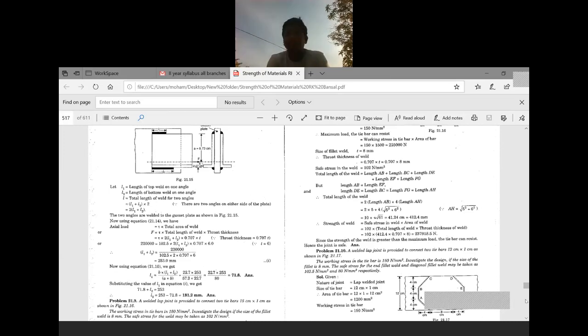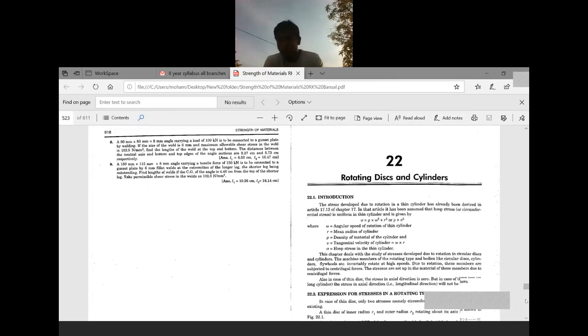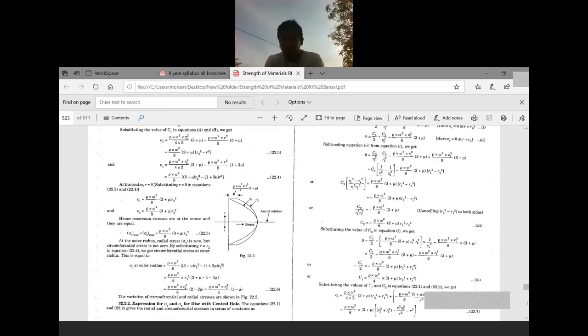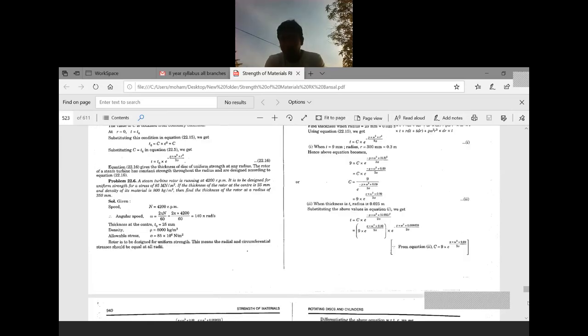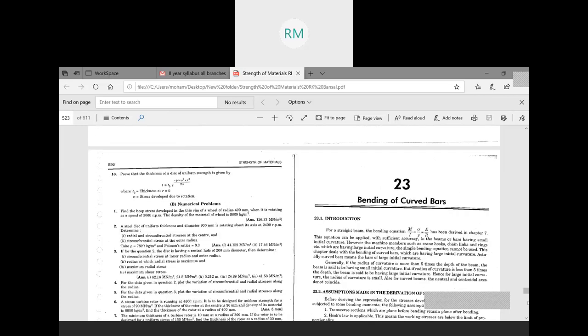Okay, this is our topic, number 23. This is bending of curved bars.